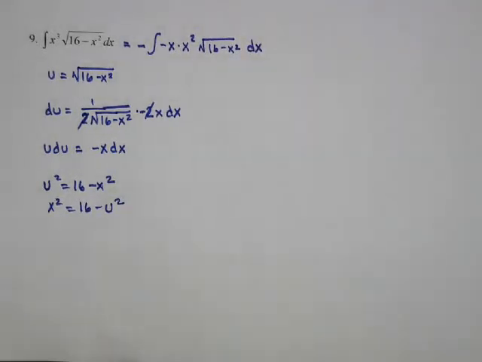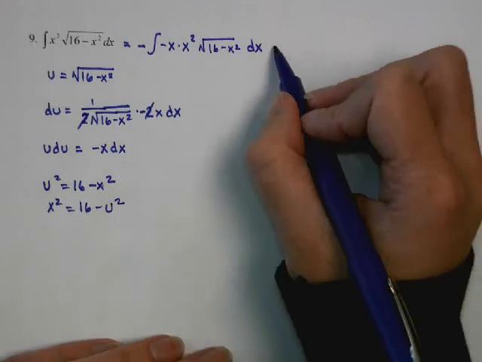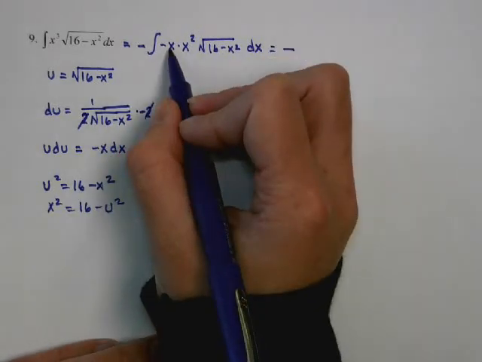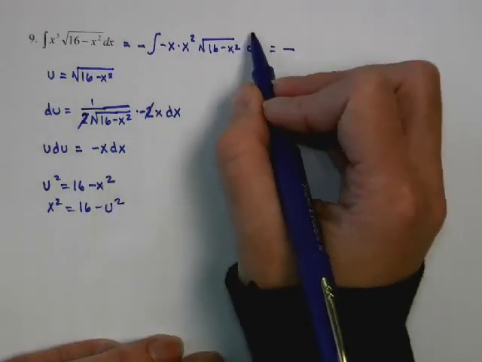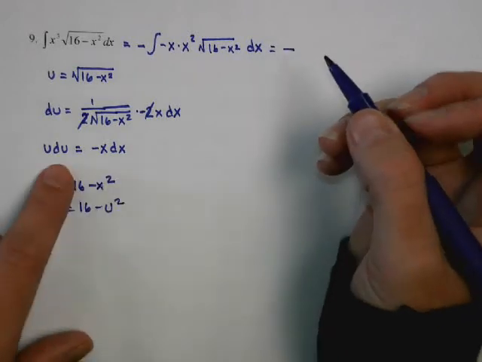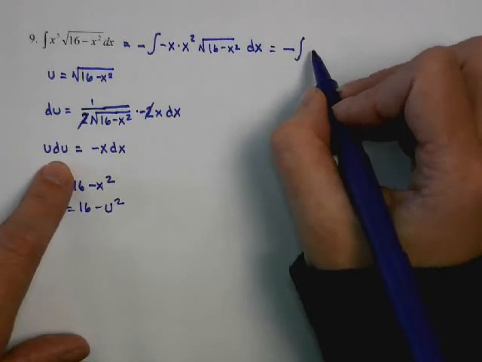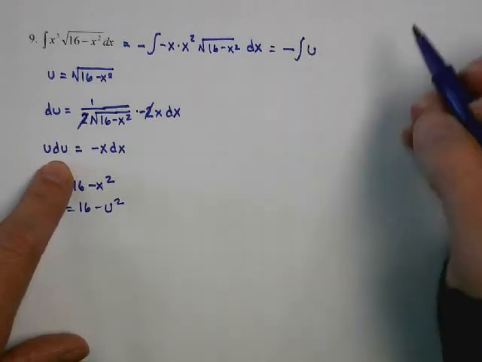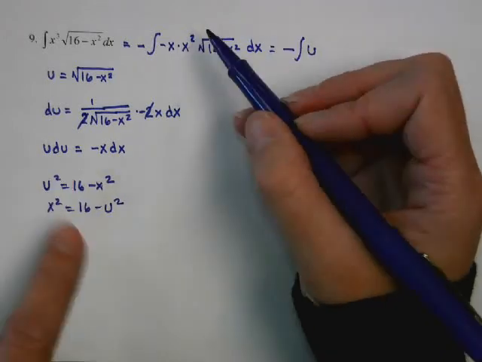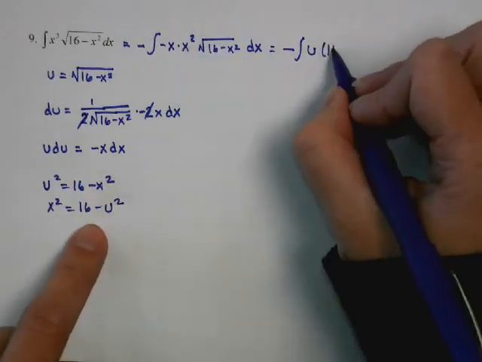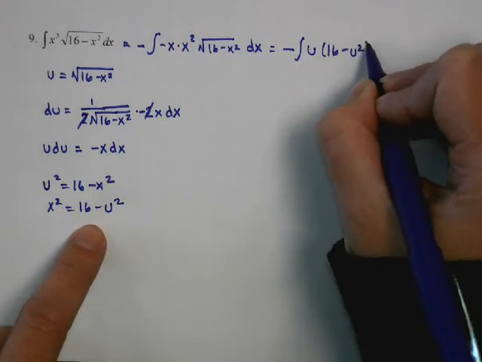Okay, and we're going to make all our u replacements here. So the negative goes along for the ride. Negative x dx gets replaced with a u du. So I'm going to put the u there, I'll put the du in the end. X squared gets replaced with 16 minus u squared.